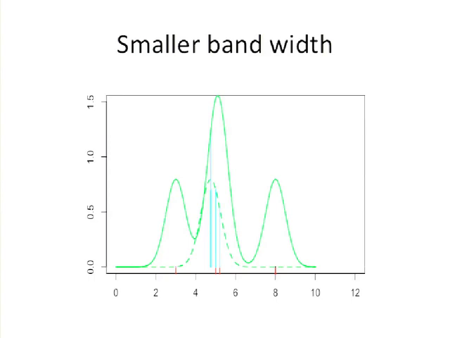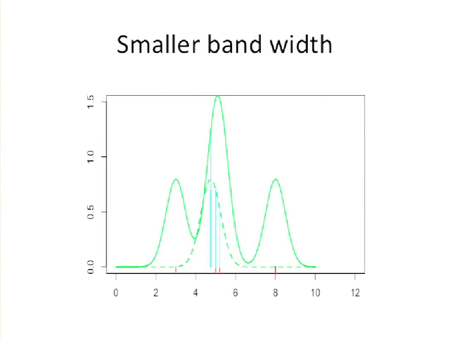The observation at 8 contributes nothing, and it's only the 2 observations at 5 and 5.2 that make any contribution to the density curve at 4.75. And as soon as I get a little further away from 5.2, I'm in a place where there's a gap and no data, and the density plot drops off dramatically.